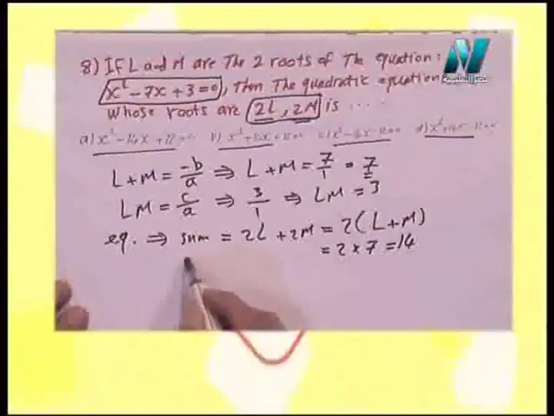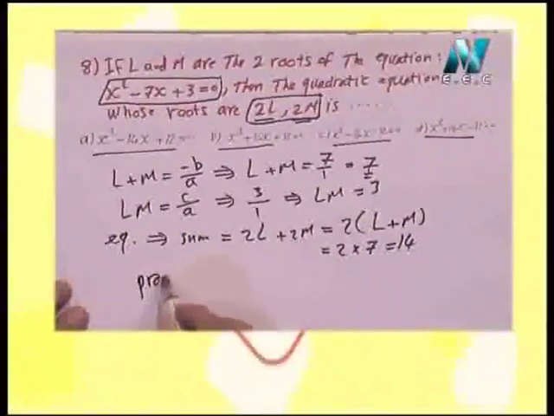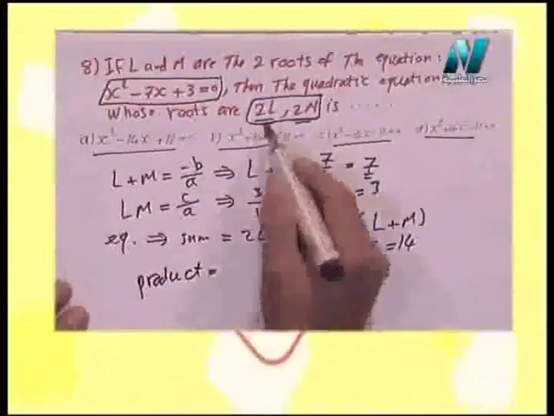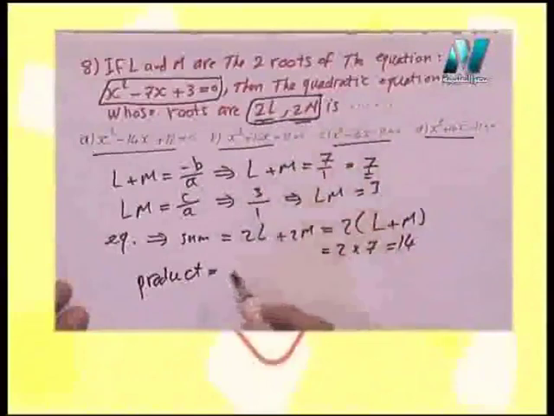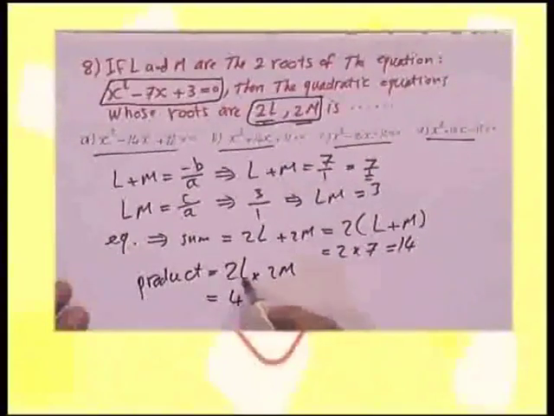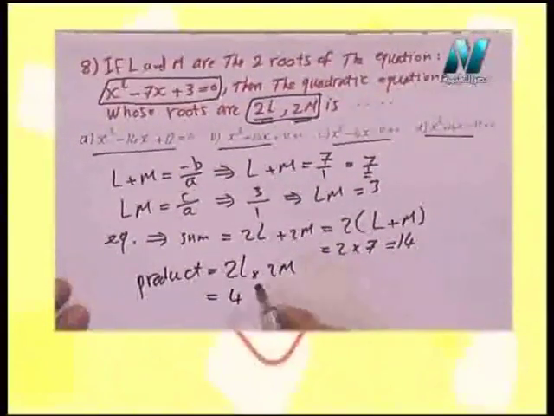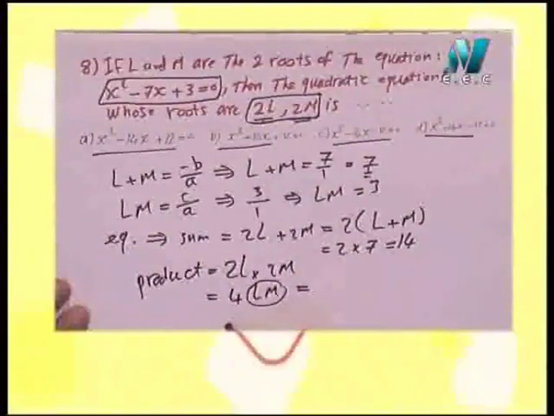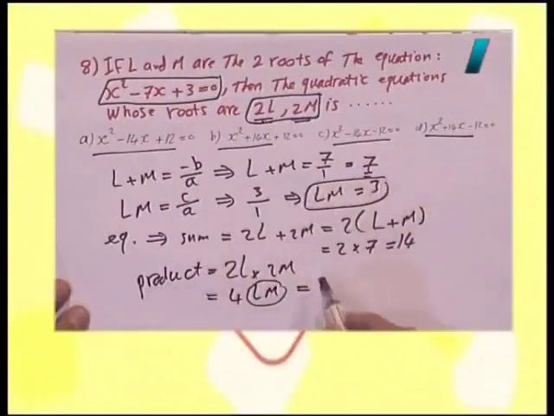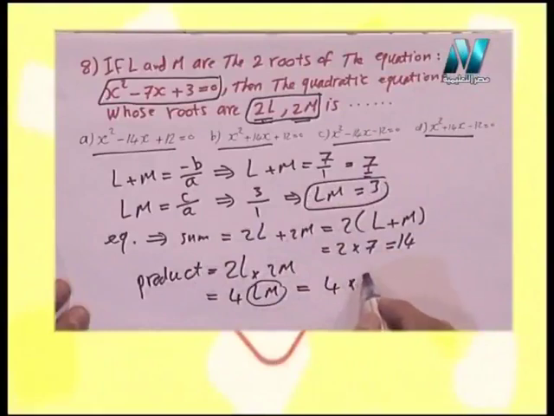And we have to find out the product of the new equation. The product equals 2L multiplied by 2M. So 2 multiplied by 2 equals 4. L multiplied by M equals LM. And by substituting LM by 3, 4 multiplied by 3 equals 12.